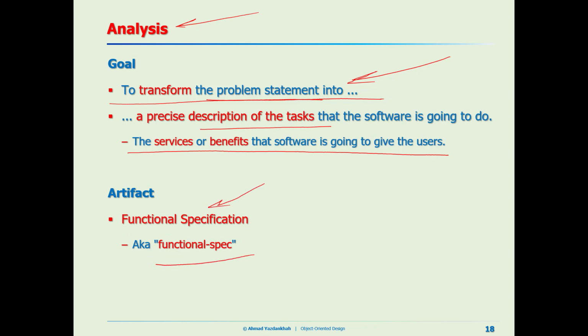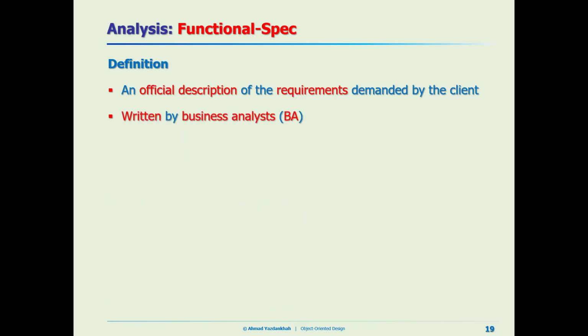We will be using functional spec as the abbreviation. So let's see what a functional spec is and what its ingredients are. A functional spec, as we said, is an official description of all of the requirements demanded by the client. Who will write it? Definitely the business analyst, or BA. Who can read it and use it?